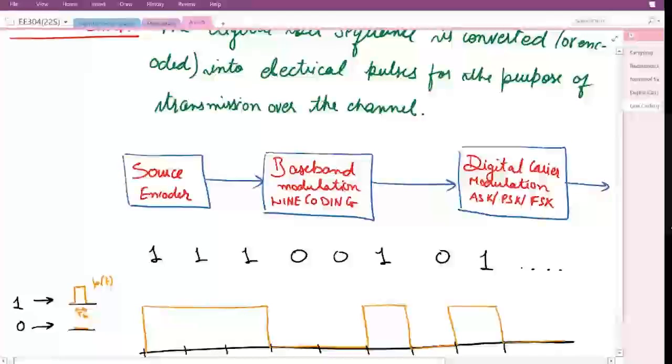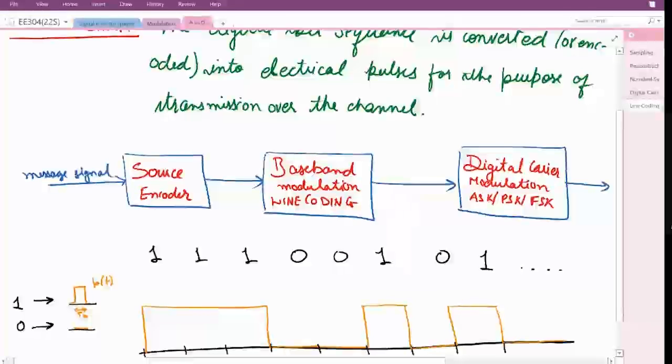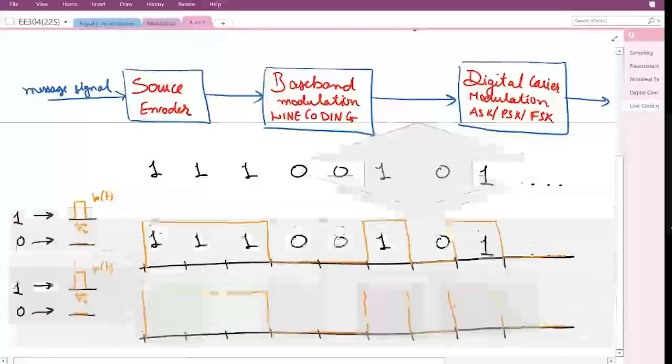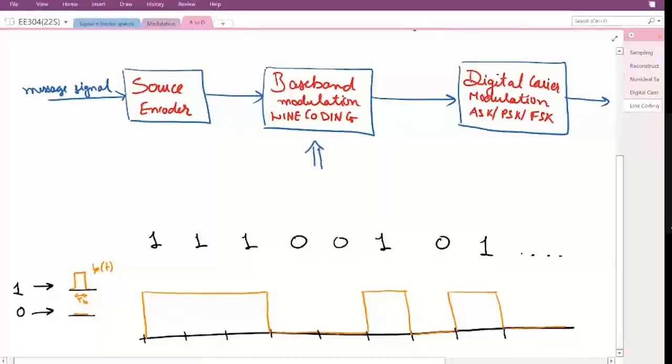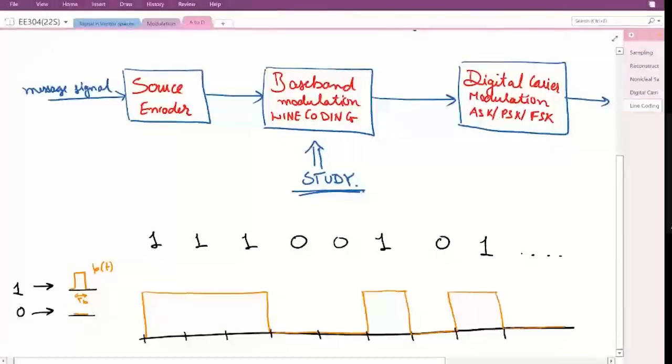Okay, this is the message signal. This is the portion of the complete communication transmitter that we are going to study in this lecture. How can we perform these various line coding techniques?